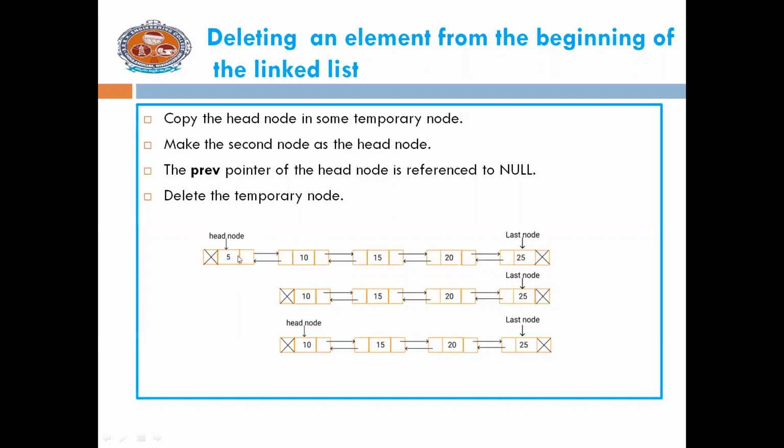So we have to take head of next as the head node. That means head of next is nothing but the second node. We have to make this node the head node. And at the next step, you have to make the newly created head node's previous pointer null. At last, you can delete or free the temp node.